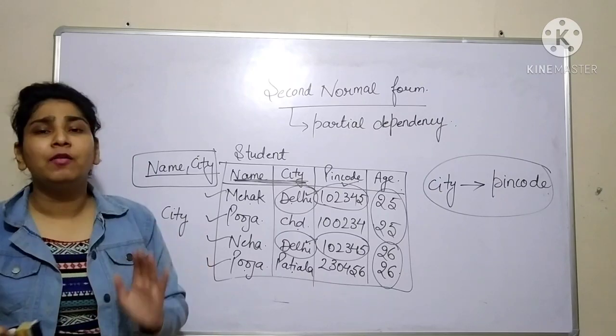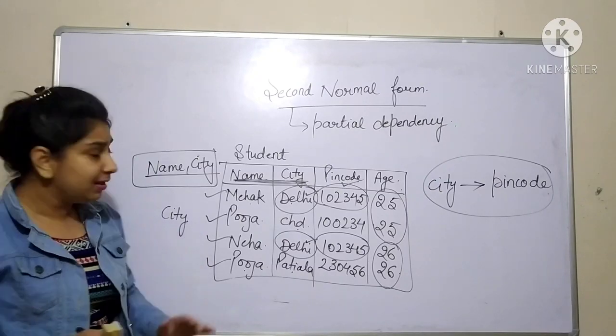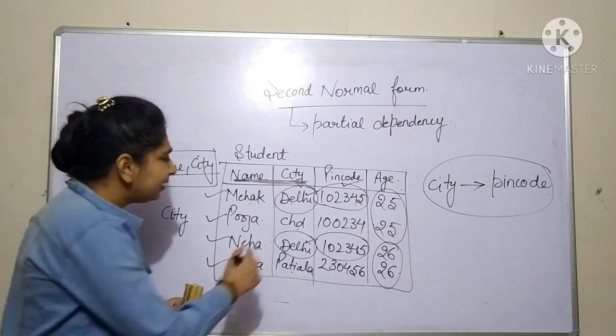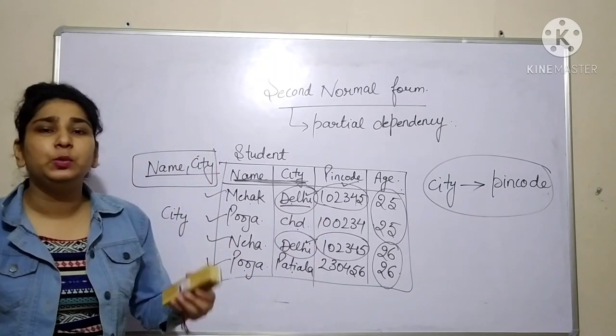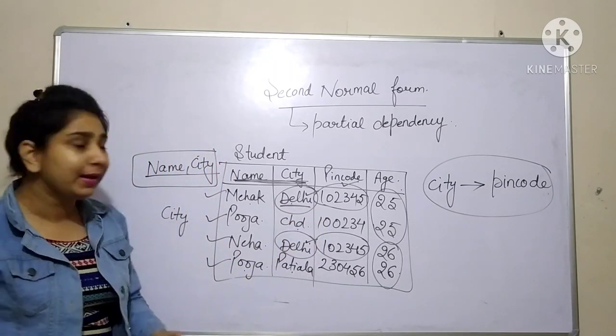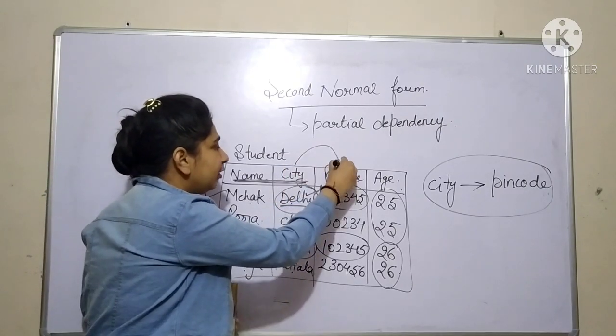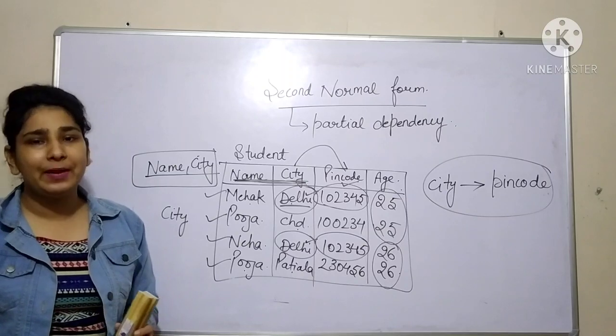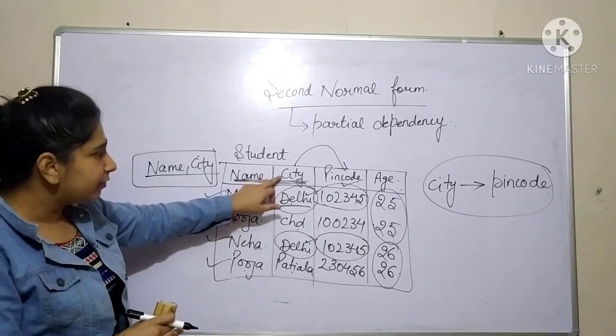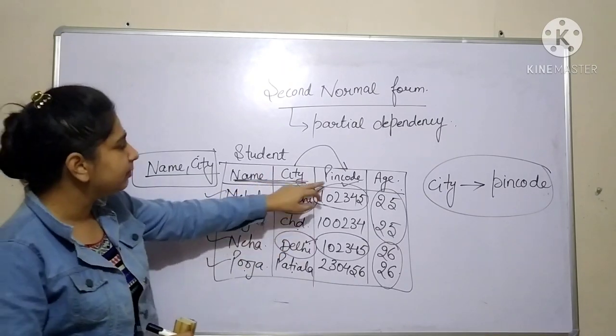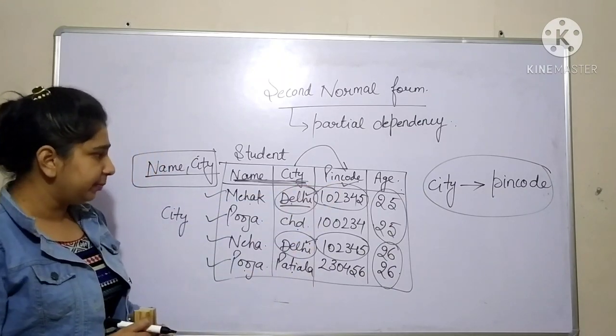If you have 100 to 200 records, there is also a chance that this Delhi might be present 20-30 times. Okay, so there is a partial dependency. Part of the candidate key is determining a non-key attribute.